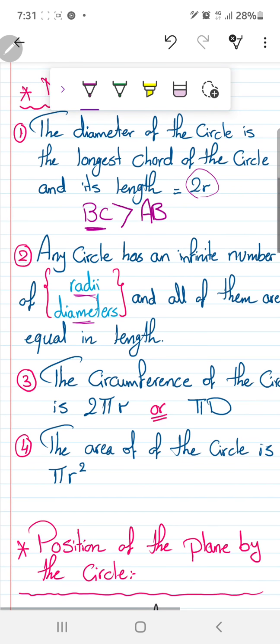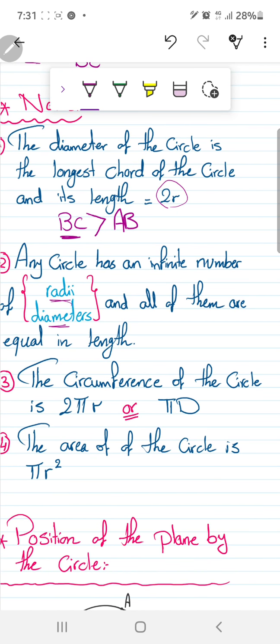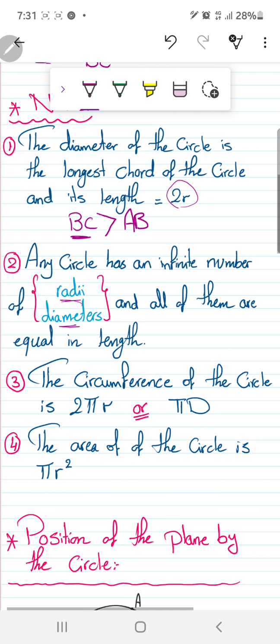Okay. We have here the circumference of the circle. The circumference of the circle is the length of the closed curve that represents the circle, and equals 2πr. But we said before 2r is the diameter.